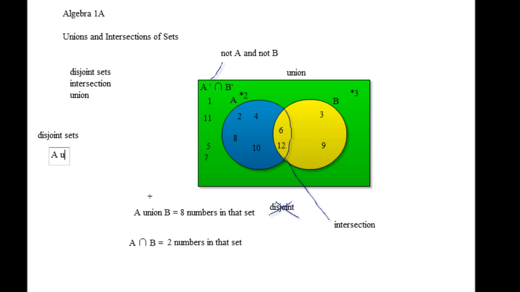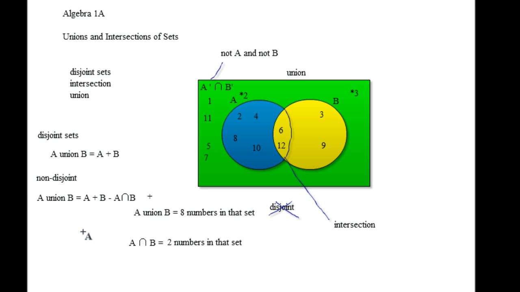If I see A union B with disjoint sets, I could just take the elements of A plus all the things in B. Now if I have non-disjoint sets, I don't think they call that in the book, in order to do the union, it will be the number of elements in set A, plus the elements in set B, minus, this is important, A intersection B.